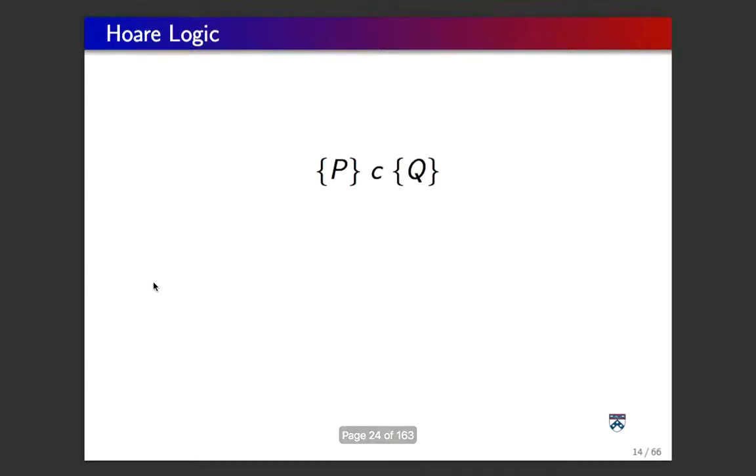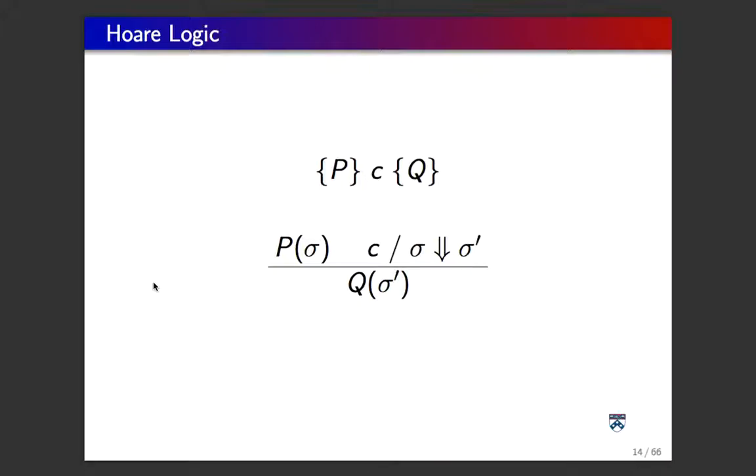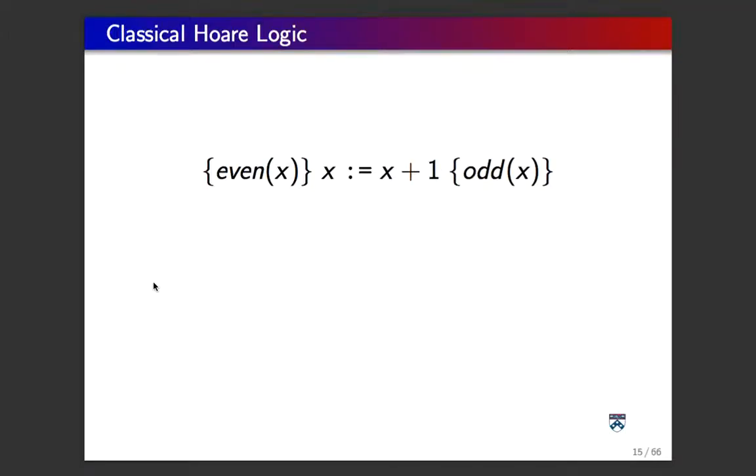So you're probably familiar with classical Hoare logic. We have a triple of the form P, C, Q, and that means that for any given program state, sigma, if P is true of sigma, and C takes sigma to some sigma prime, that being our big step semantics notation over here, then sigma prime will satisfy Q. So for example, if we have a precondition even x, and then we increment x, we want to show odd x in the postcondition.